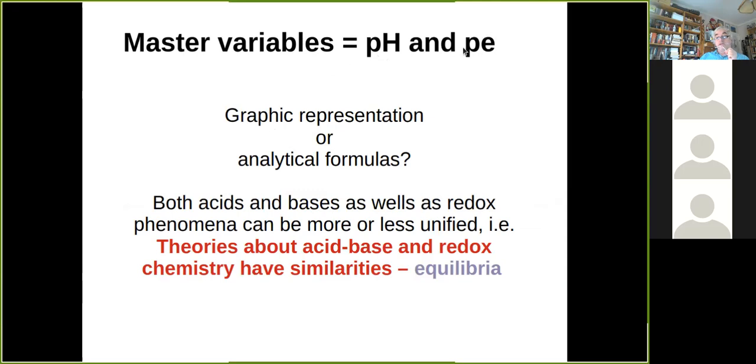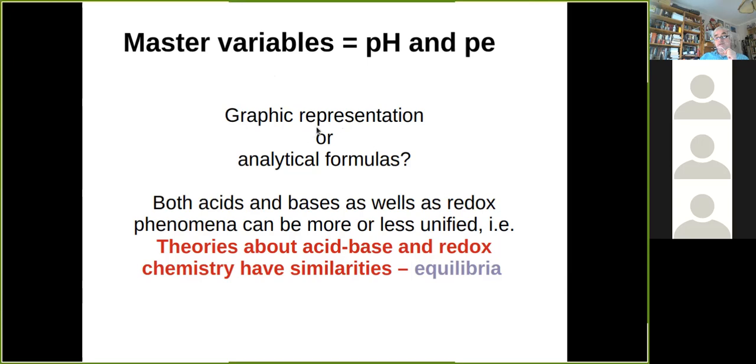So the redox potential and the acidity state are very important variables to describe how different compounds behave and in what form they occur. So how to describe this?